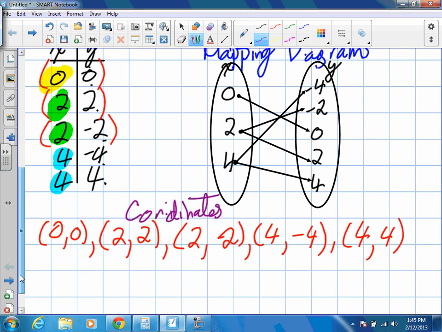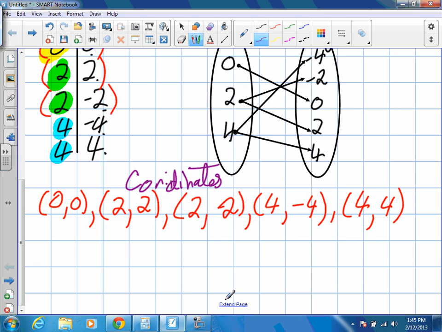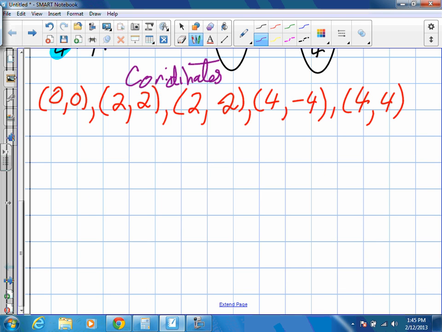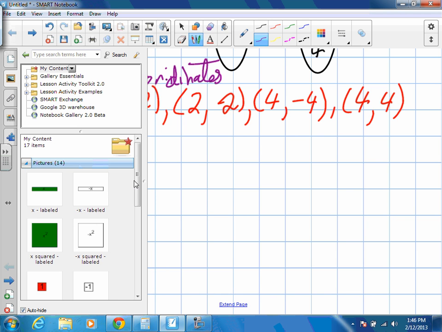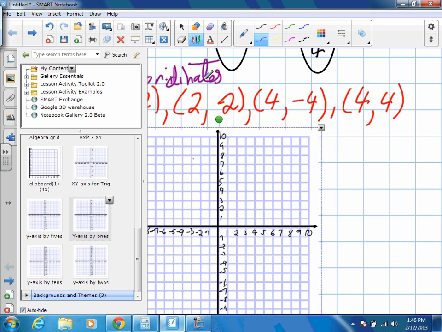The last way we can represent all of these is on a graph, okay? Just by plotting the points that we have. Sometimes it's easiest if we just put our things into coordinates first and then focus on putting them in a graph. That way it's very easy to see where each of the points are.